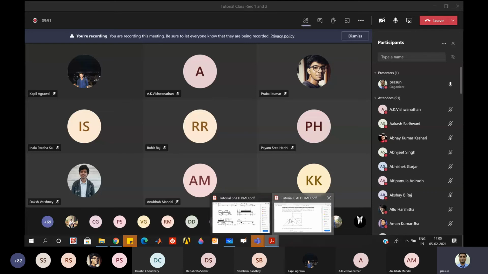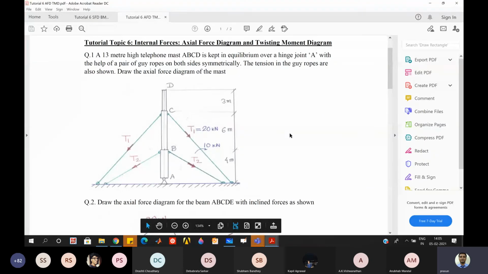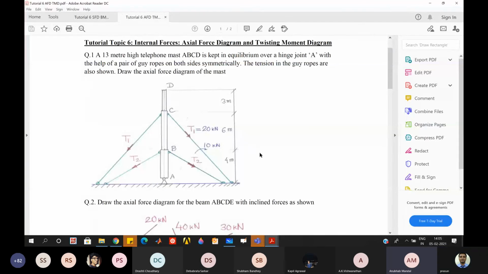All right, so we'll start with this problem. If you see this problem, I think some students raised their hand, but do you see any missing data in this problem? Yes, we can't find the components without the angle.